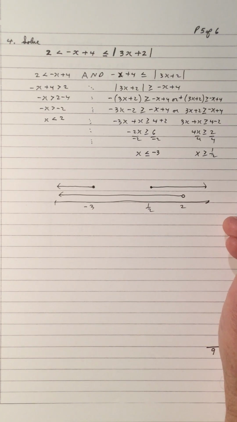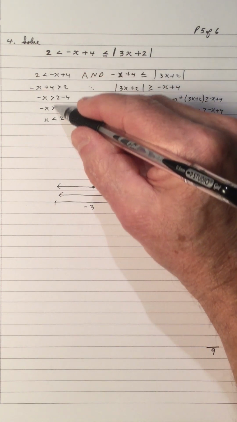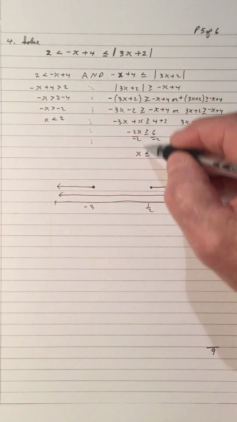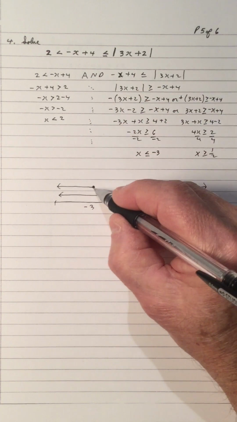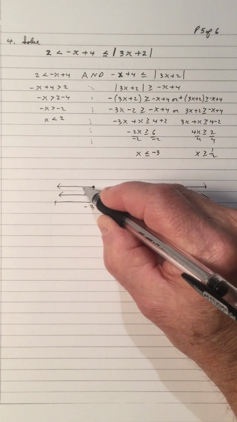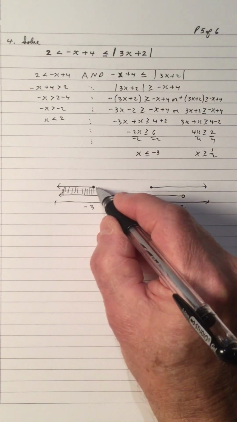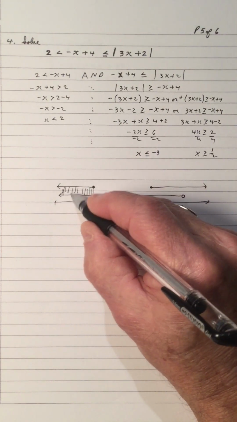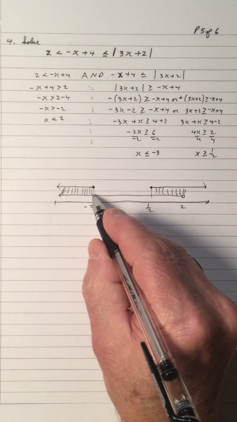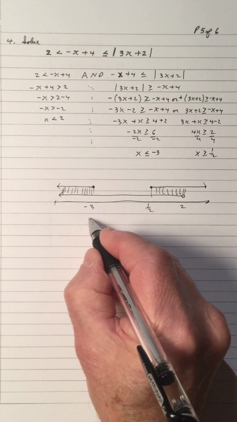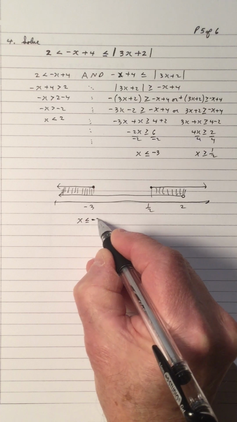So what you have is you're doing an intersection. So you're getting the solution to this and the solution to this. So the solution to both of these, when we put them, is what we have. I do this. So these numbers are in both sets, and these numbers are in both sets. So this one is x is less than or equal to negative 3.